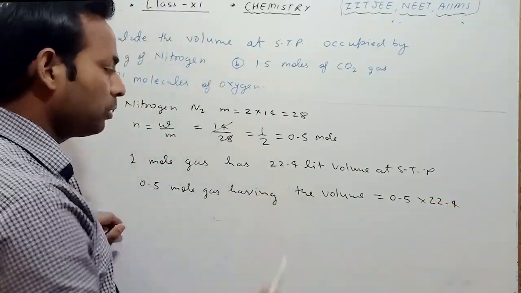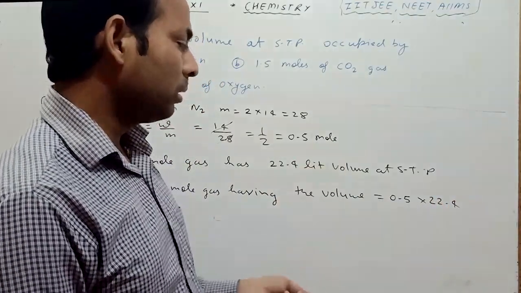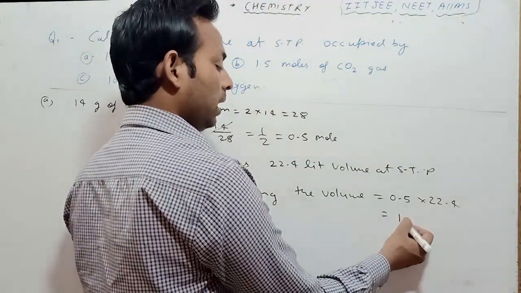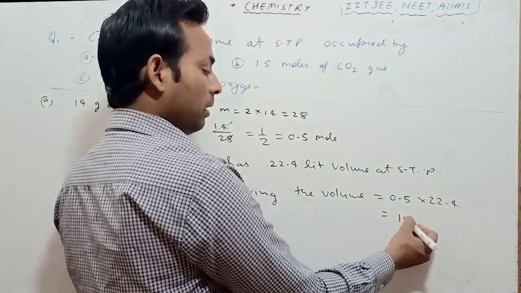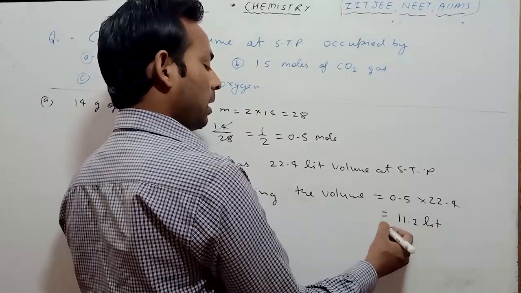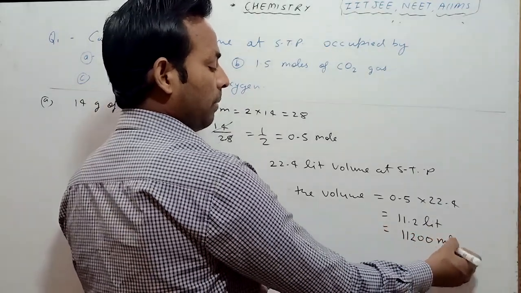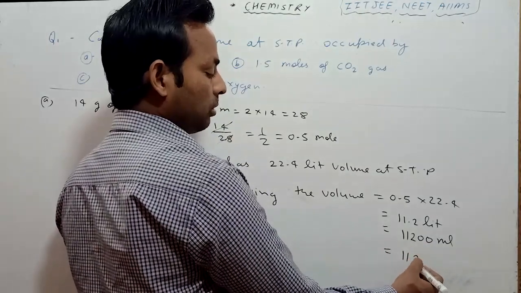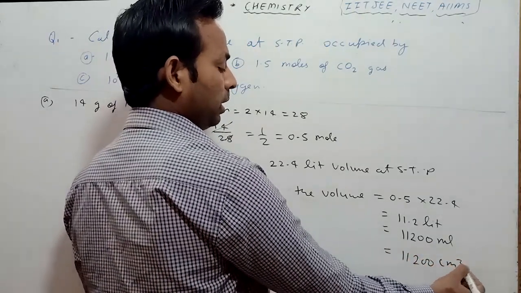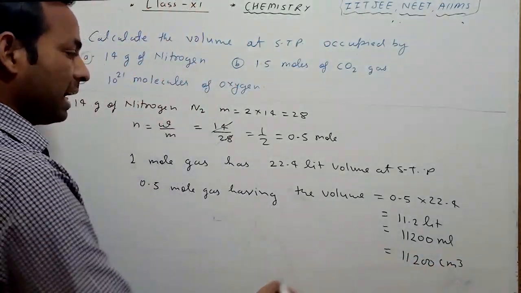So 1 mole has 22.4, so half mole has 11.2 liter, or 11,200 ml, or 11,200 centimeter cube. So this is your answer.